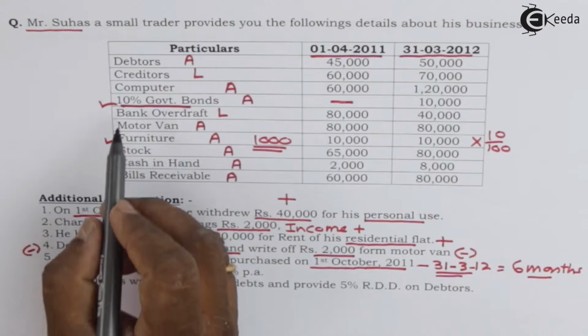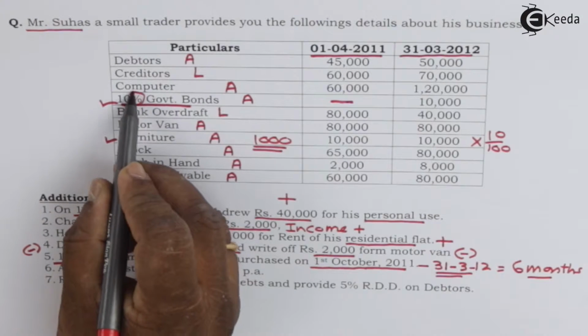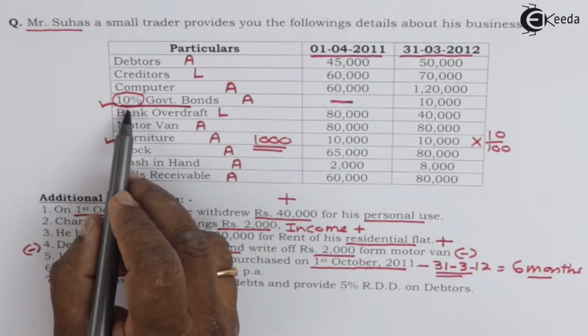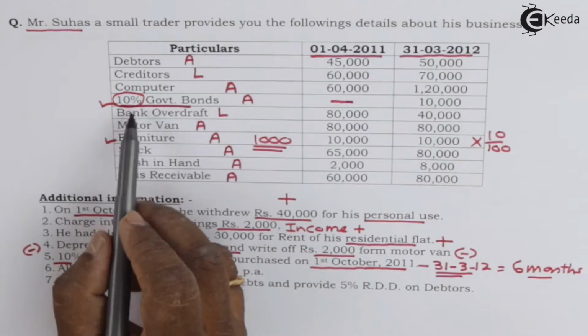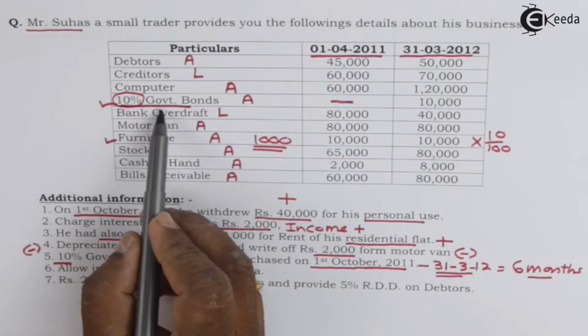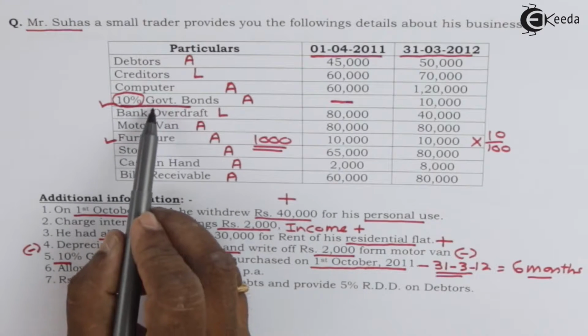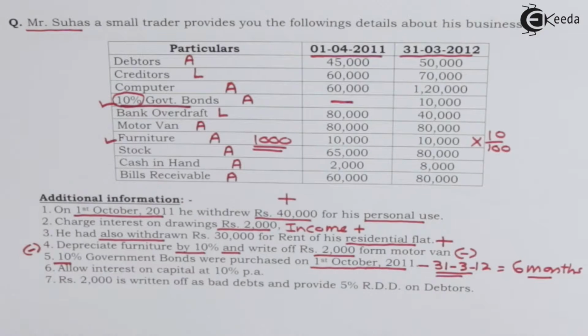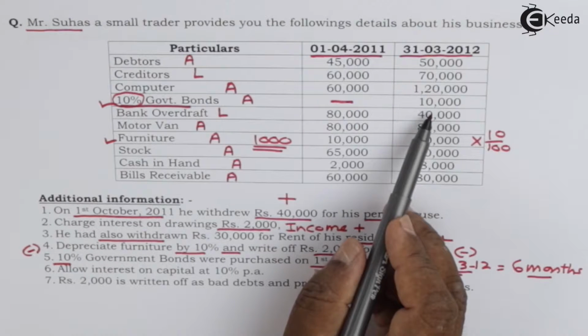So we are required to calculate interest. Interest is 10% as it is included in the name of investment 10% government bonds. It indicates that it is carrying interest at the rate of 10%. Amount of investment is 10,000.